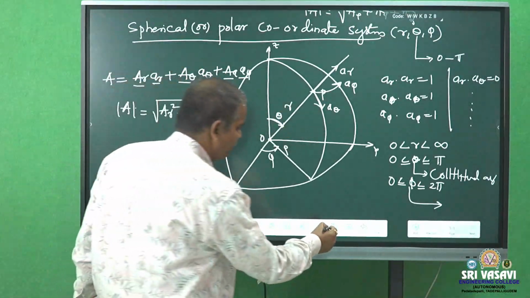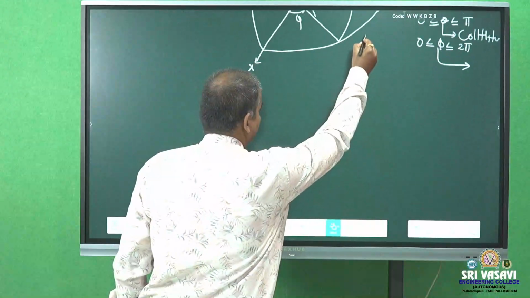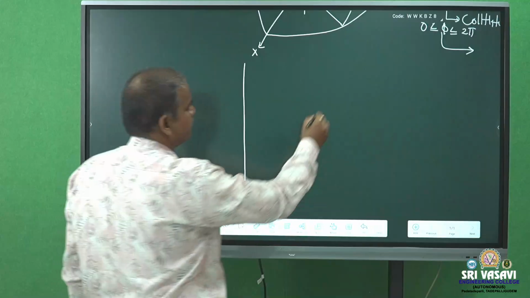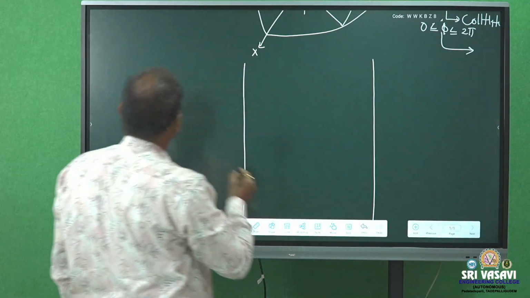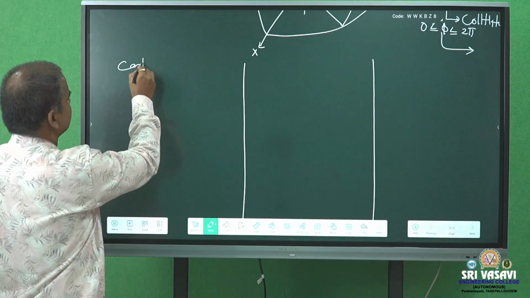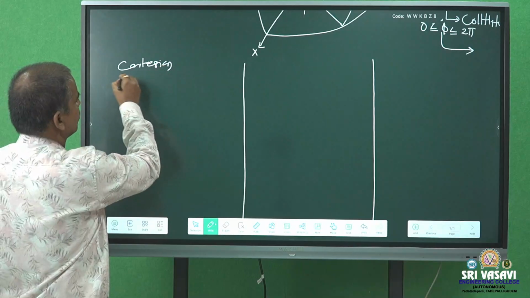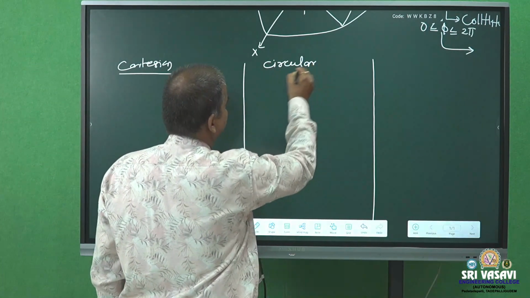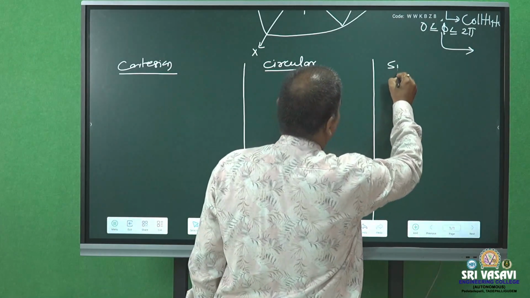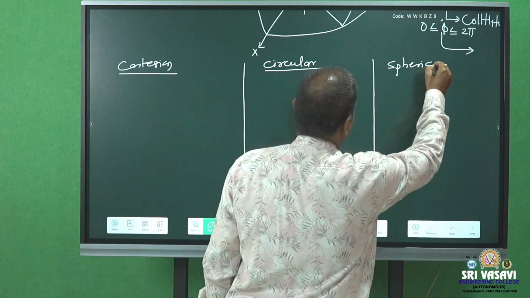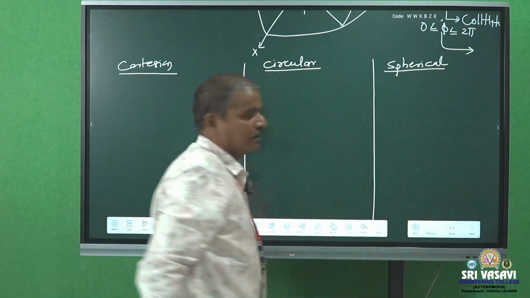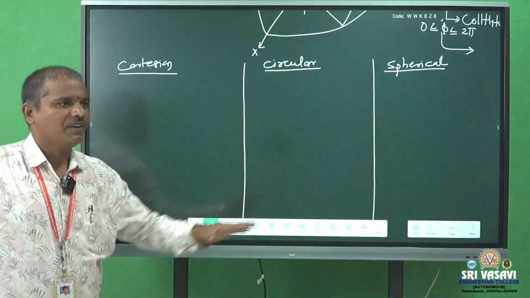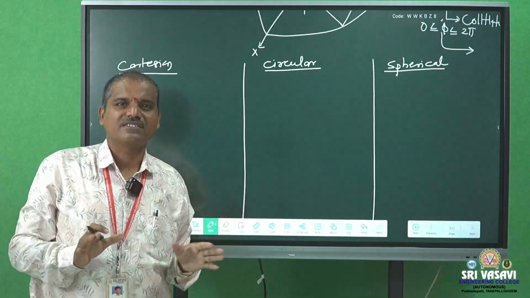I briefly describe these three for comparison. Number 1, Cartesian coordinate system. Number 2, circular coordinate system. Next, spherical coordinate system. So the common points we have to write. By comparison only can we better understand all the coordinate systems in detail.